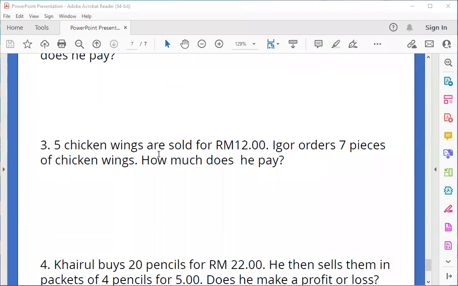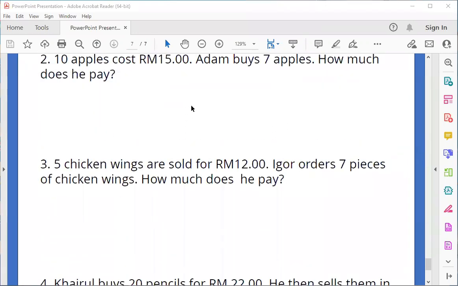All right, let's do number 3. 5 chicken wings are sold for 12. So guys and girls, 5, I'll just put CW, chicken wings, is RM12. Come on, what do we want to do? Find 1.